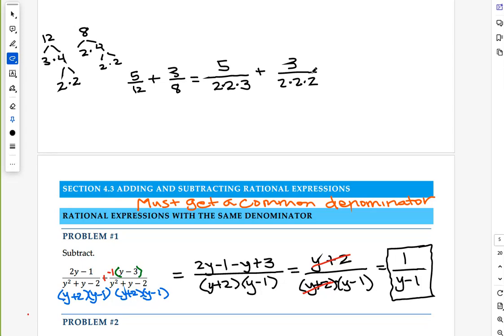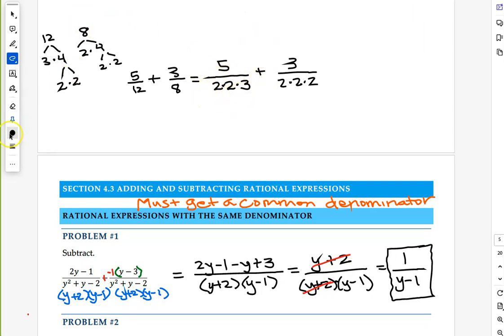Okay, so this is how we're going to find these LCDs. We're going to look at our denominators and try to figure out what factor or factors are missing in that denominator that the other one has. So let's look at this one here.